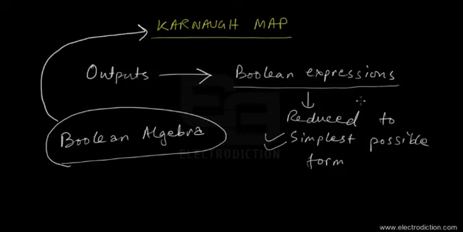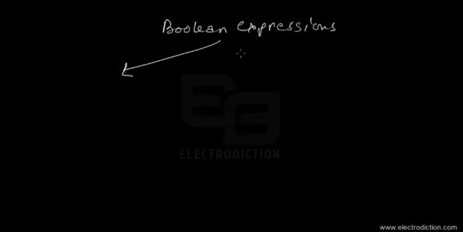If I take for example a Boolean expression, we also know that Boolean expressions can be represented in two canonical forms: the SOP form and the POS form.